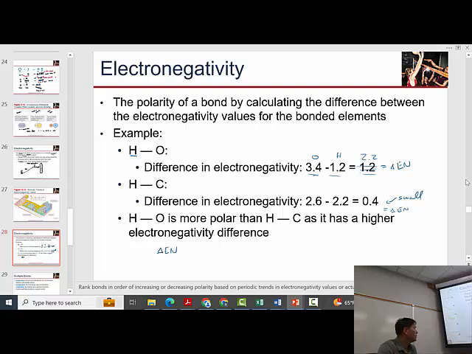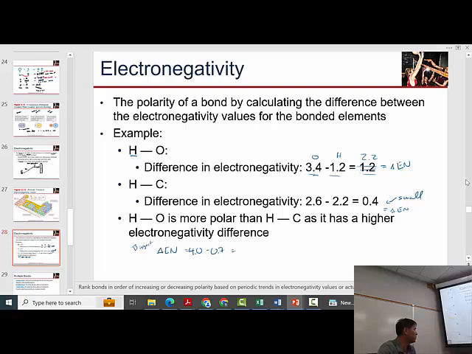And then what's the biggest delta EN we can have? You take the most electronegative. Which one's the most electronegative? Fluorine at 4.0, and the smallest would be francium, 0.7.